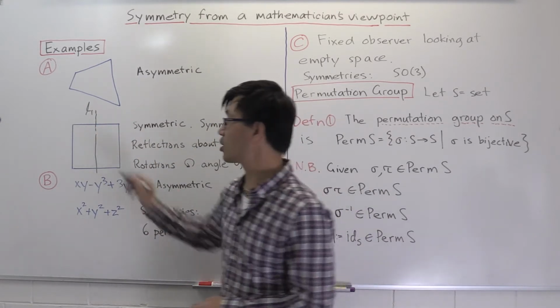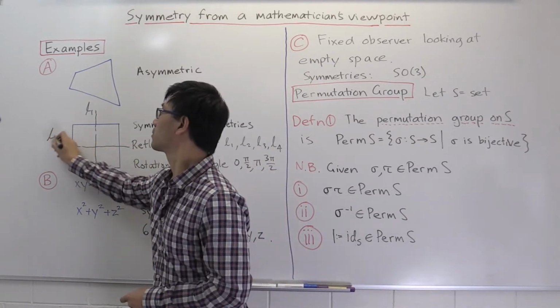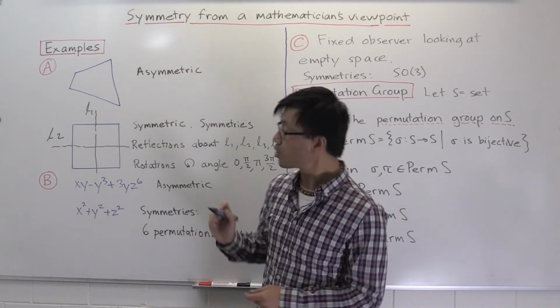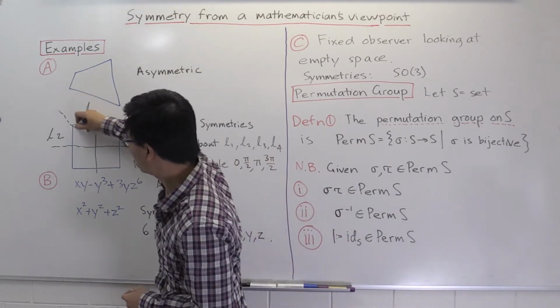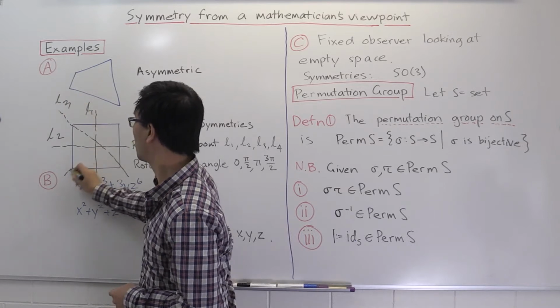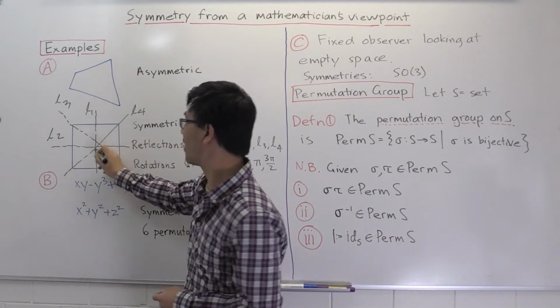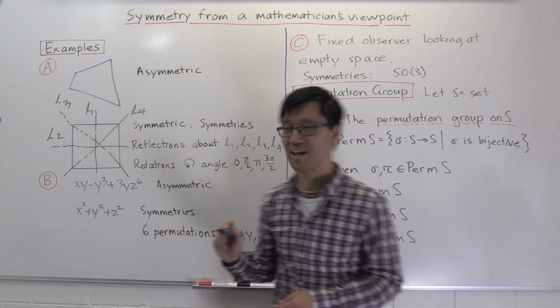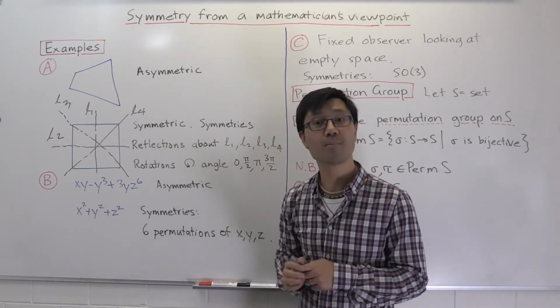It's also symmetric about a horizontal axis like this. And it's also symmetric about the diagonals as well. So here's L3 and L4. Of course, all the lines should go through the center of the square here. I've missed it here.